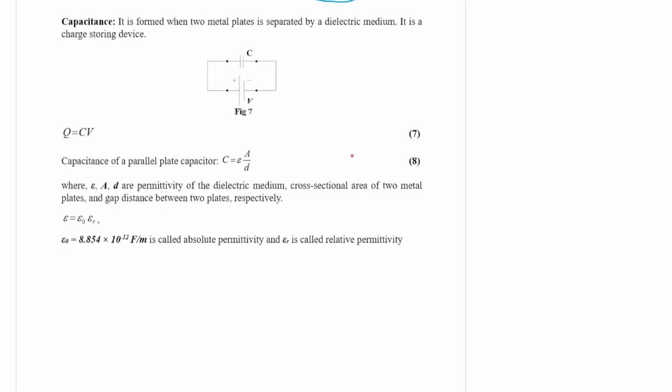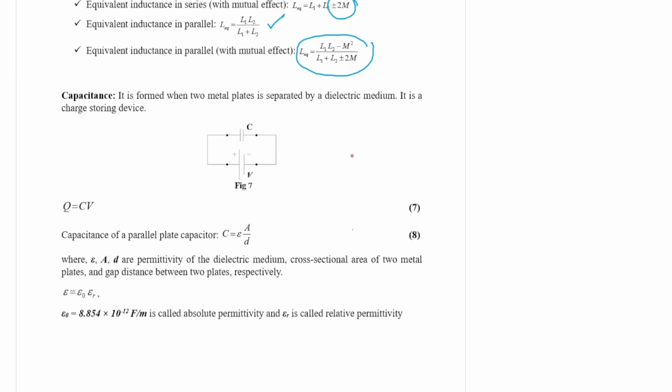A capacitance is given by this symbol, just like two parallel lines like this. Now what does it signify? It signifies they are actually two metal plates.